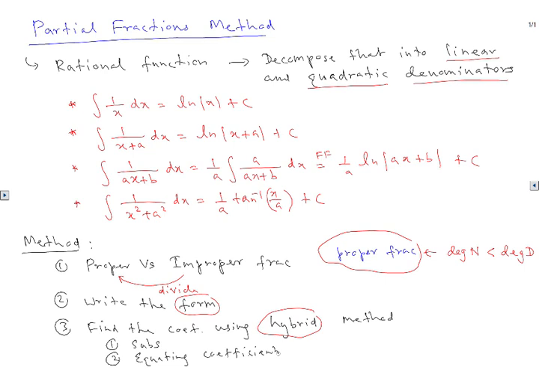We're going to use the hybrid method to find them. First, we substitute some numbers, and after we're done with that, we use equating coefficients to find the rest of the coefficients. Okay, so that's how the technique works. So let's look at several examples.